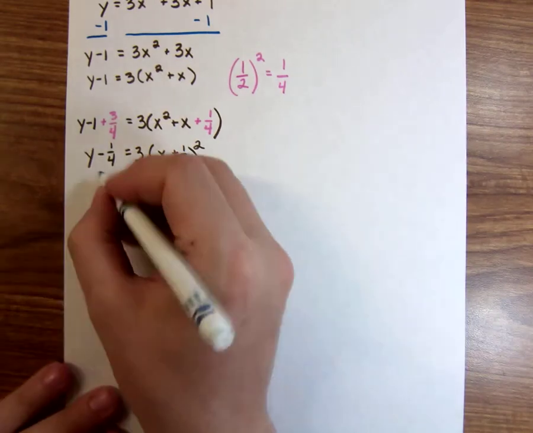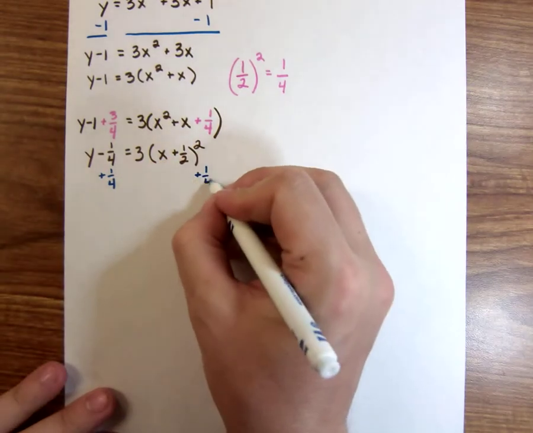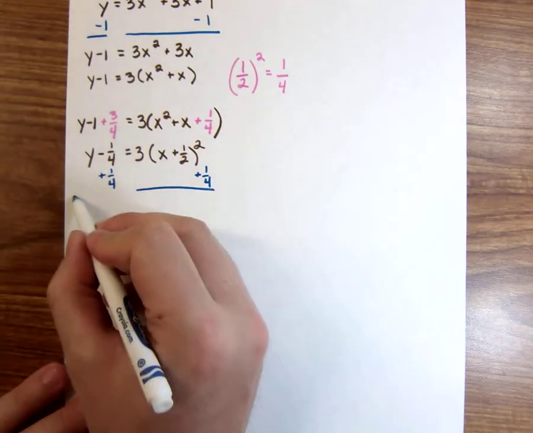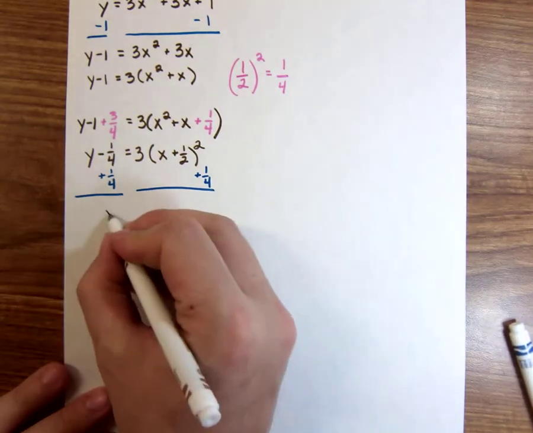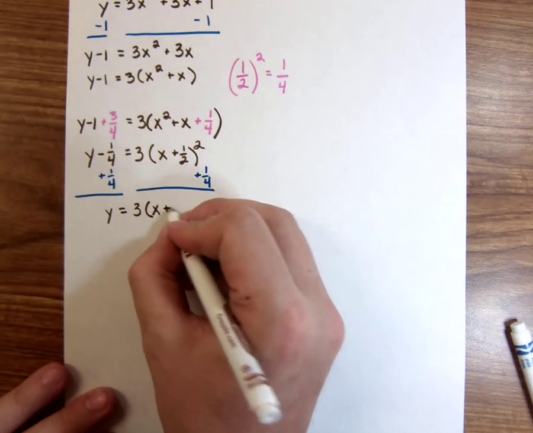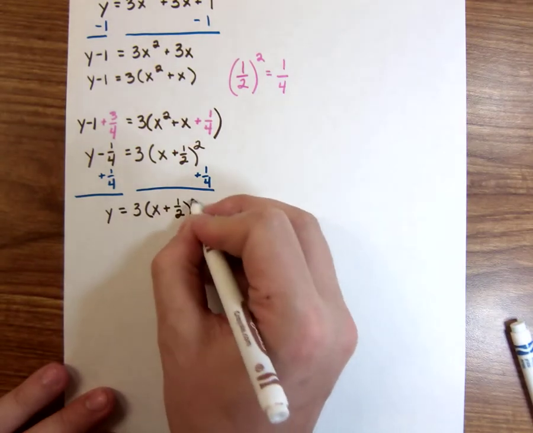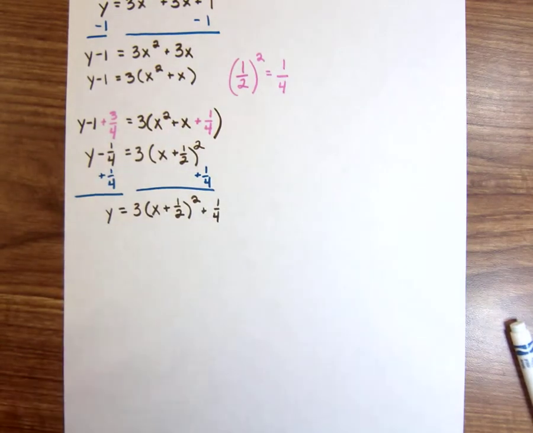So we're going to add 1/4 to both sides. So y equals 3x plus 1/2 squared plus 1/4.